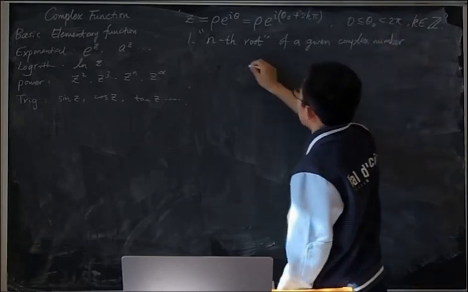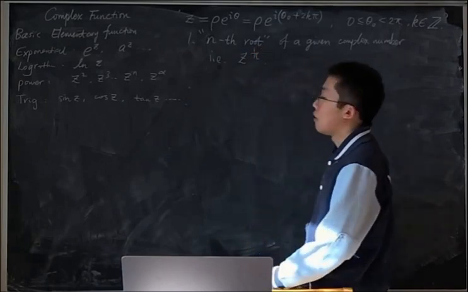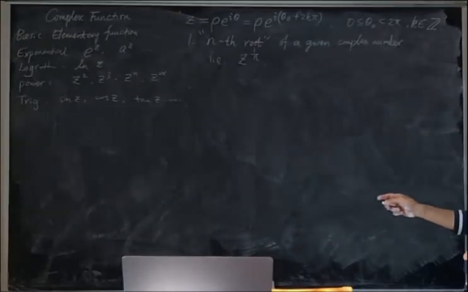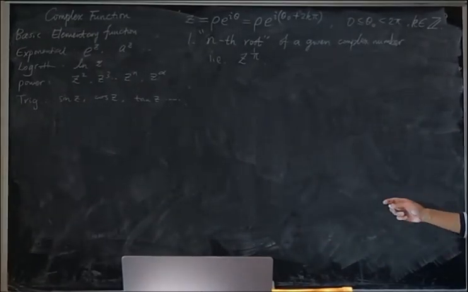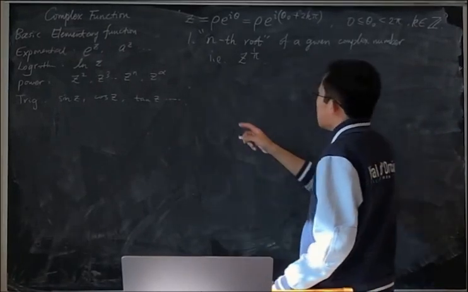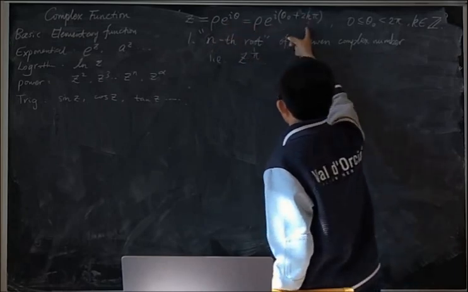For example, I would say z to the power of 1 over n. Let's just say we need to find some complex number whose nth power equals the given z. Okay, so z is rho e to the i theta, or equals this form.